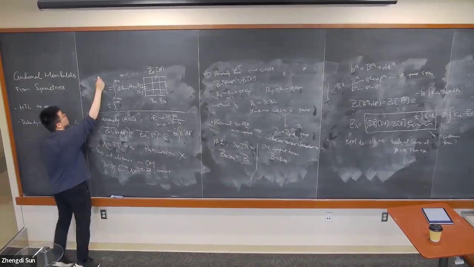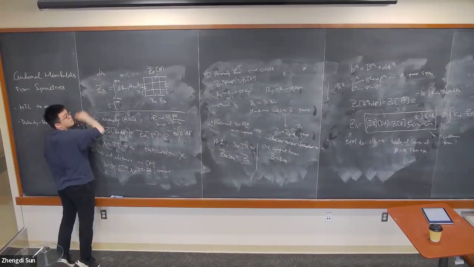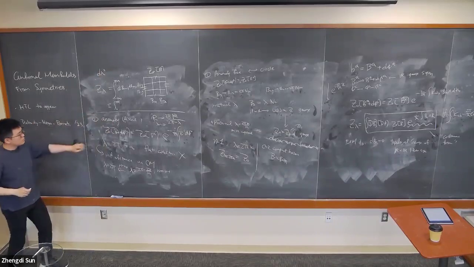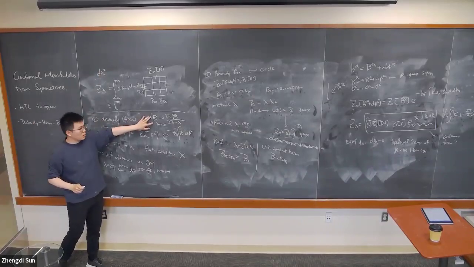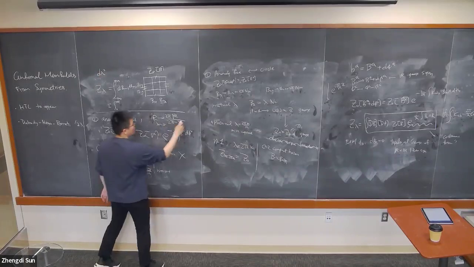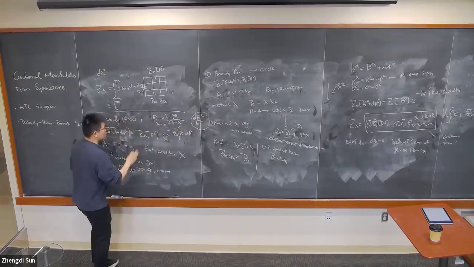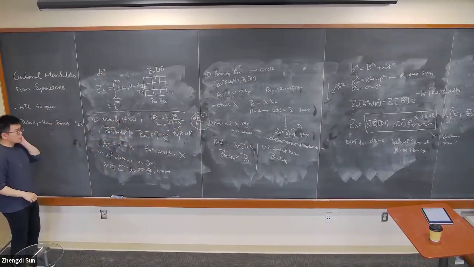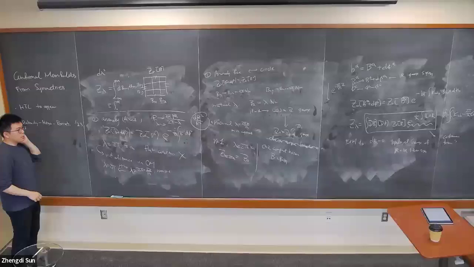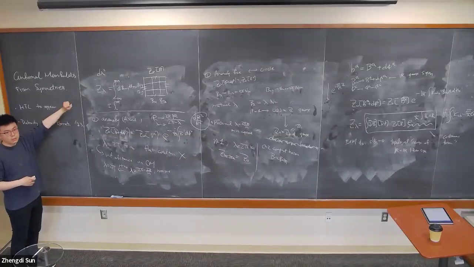One natural guess is that the metric is just given by d lambda squared. This is a natural guess, but it's incorrect. As you can see from this example, the metric on the compact boson is given by something like this, which is not given by d lambda. So that's something I wish to understand a bit better, how to relate the metric to this d lambda.